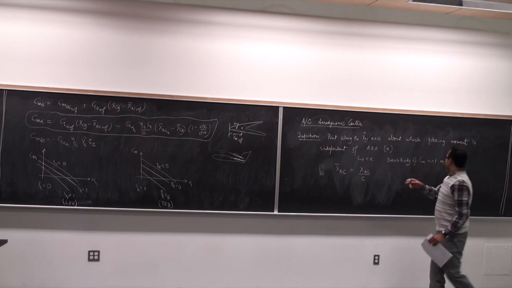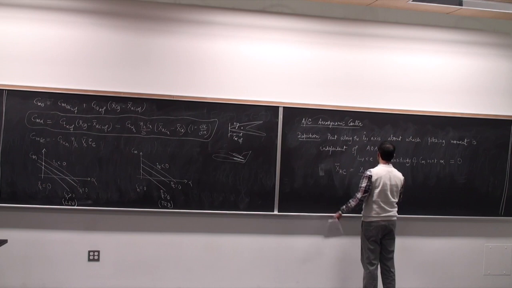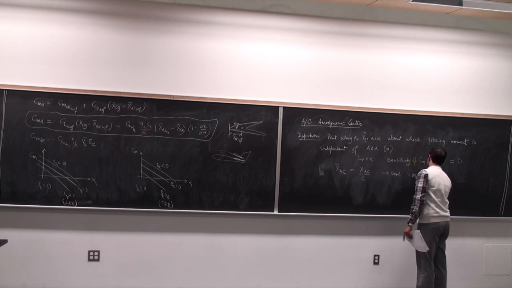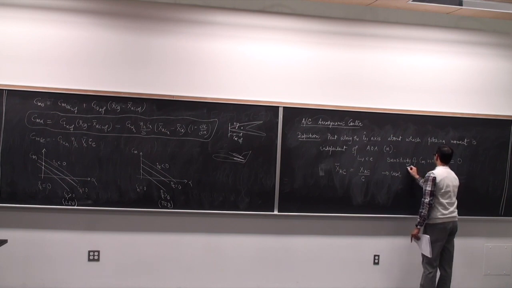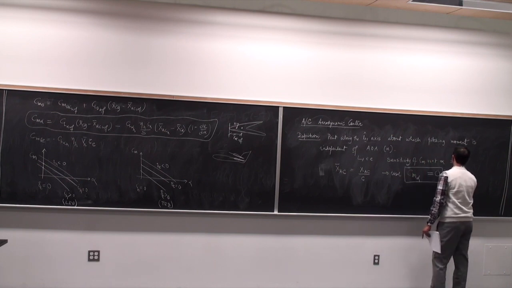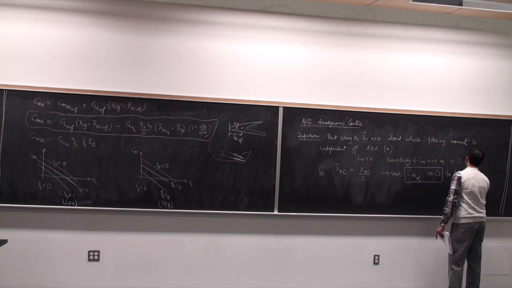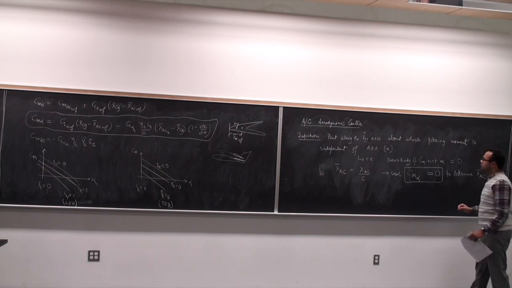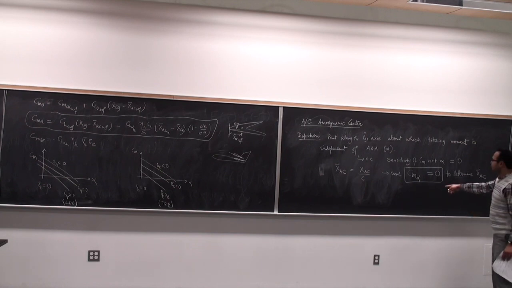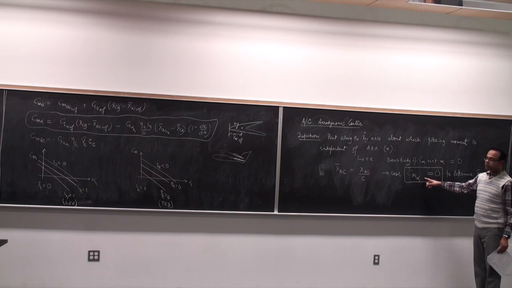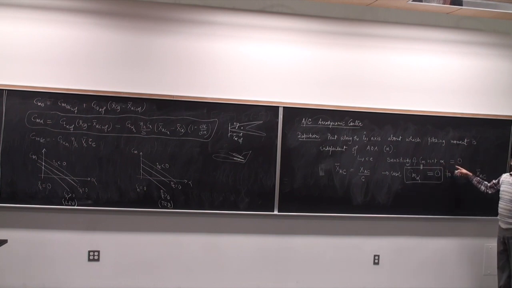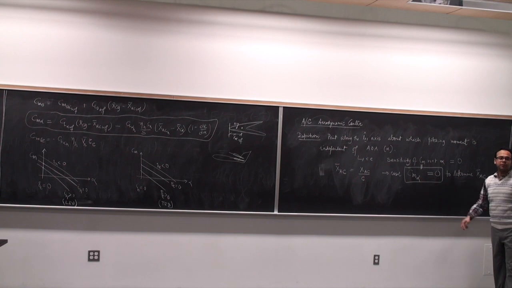And we can use this expression, Cm alpha, to determine x_AC. Because Cm alpha is, by definition, the sensitivity of Cm with respect to alpha. And so we want to set that sensitivity to 0, which means we want to set this term to 0.